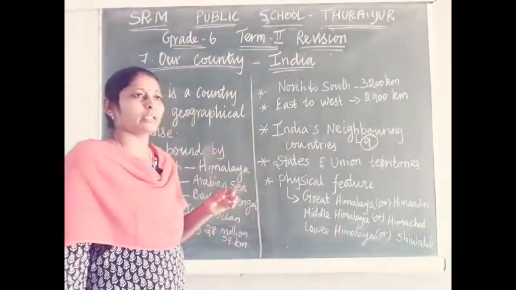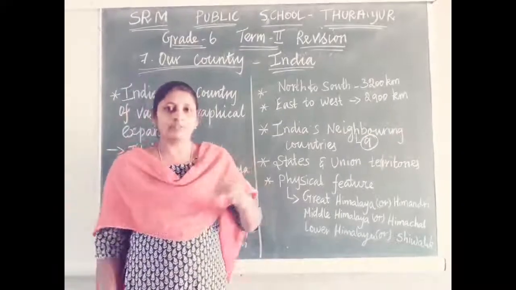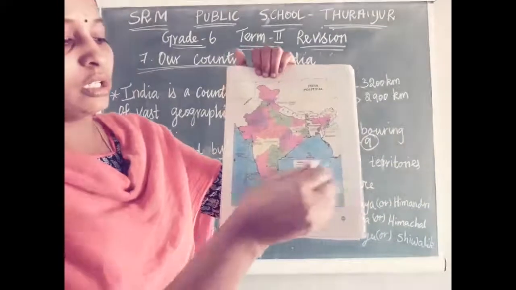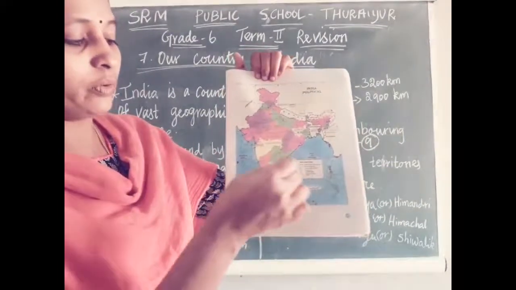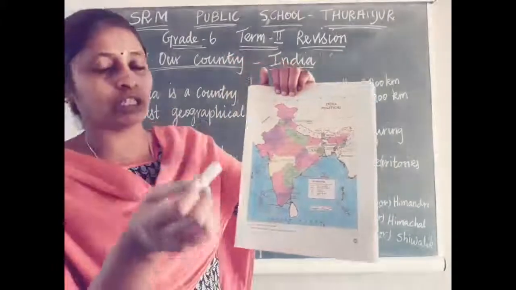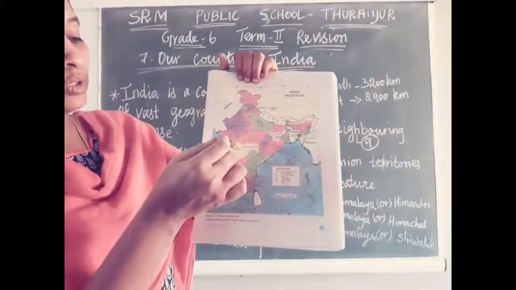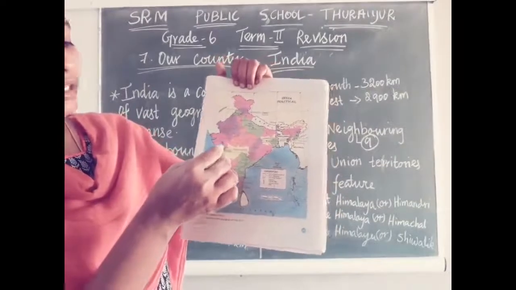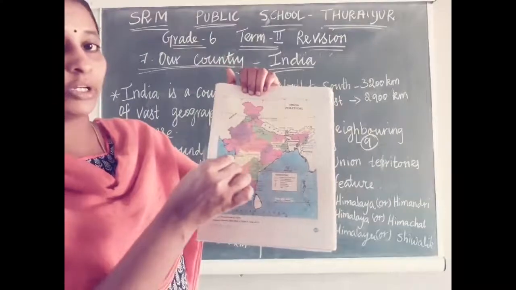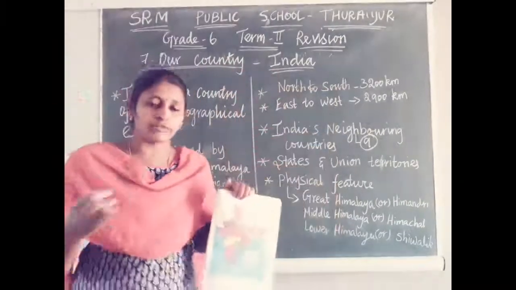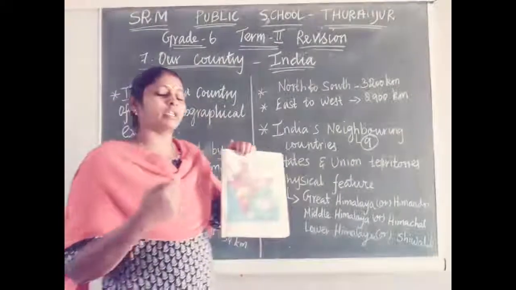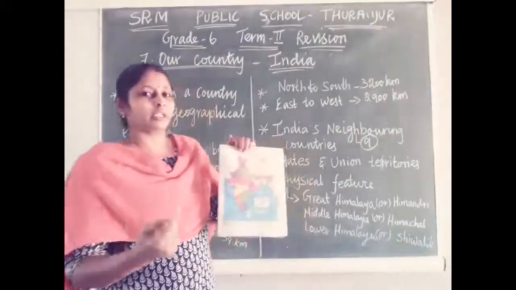What are the union territories? In the south you can see Lakshadweep, Puducherry, Andaman and Nicobar Islands. In January 2020, Daman and Diu and Dadra and Nagar Haveli were merged together, and hereafter they are considered a single union territory.